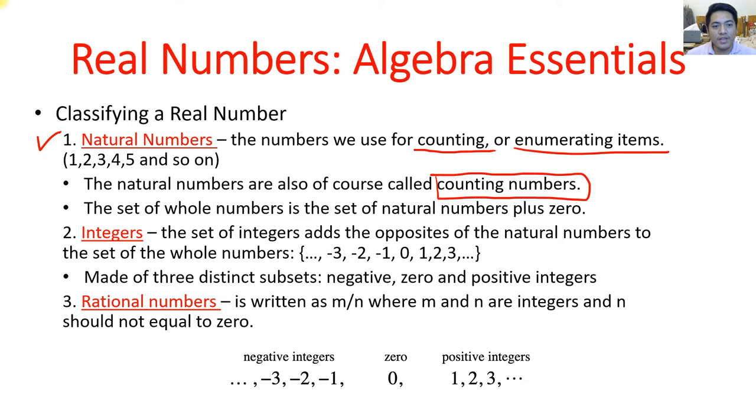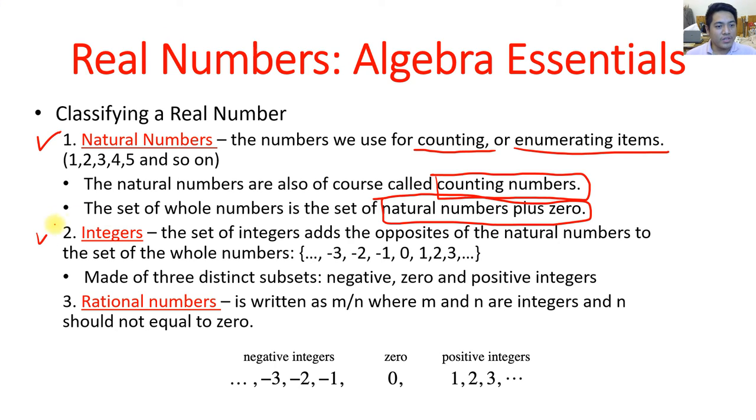The set of whole numbers is the set of natural numbers plus zero, including the zero. So we can never have a negative counting number. It's from zero to the positive numbers.